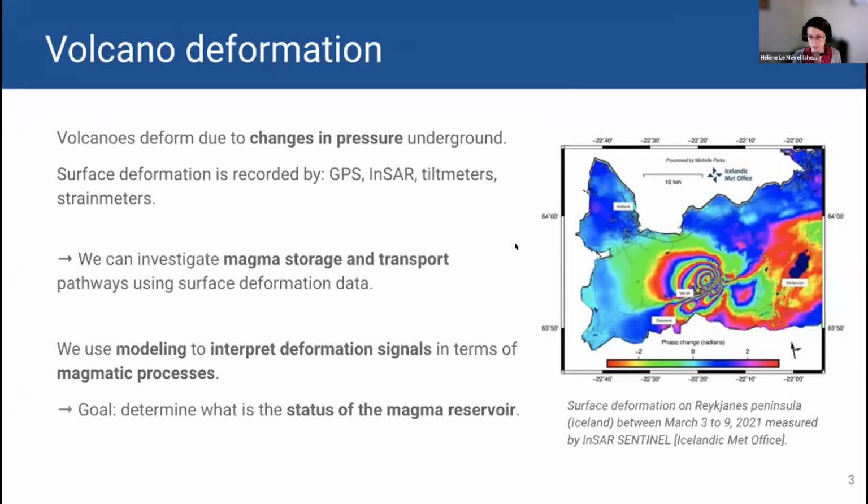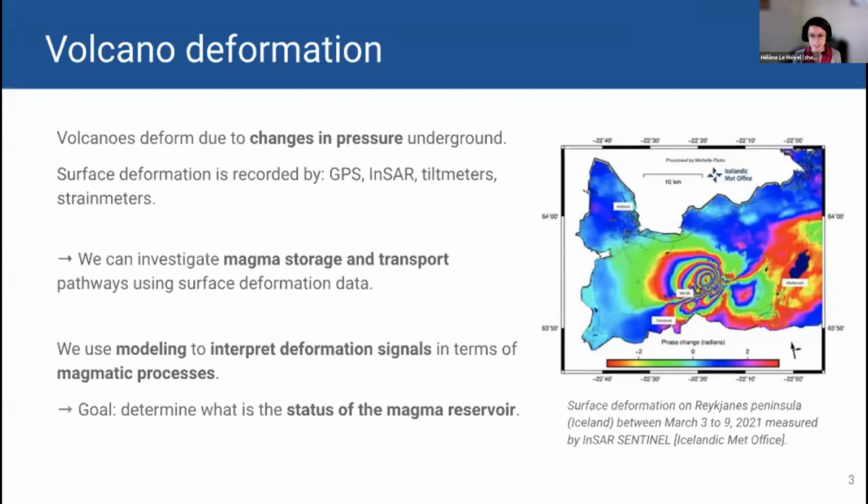On the right is a very recent example of surface deformation measured by InSAR. This is an interferogram showing 1 week of deformation in March of this year due to the magma accumulation in the crust under the Reykjanes Peninsula in Iceland. So there we were able to follow the dike path for several weeks before it finally made it to the surface and the ongoing eruption started.